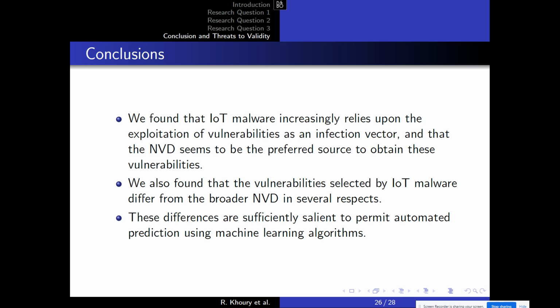We also found that the vulnerabilities that are selected by IoT malware developers differ from the broader NVD in several respects. As I mentioned earlier, they use network as the attack vector, easier to exploit, higher impact factor, less likely to necessitate user interaction, and so on. And we found that these differences are sufficiently salient to permit automated prediction using machine learning algorithms.